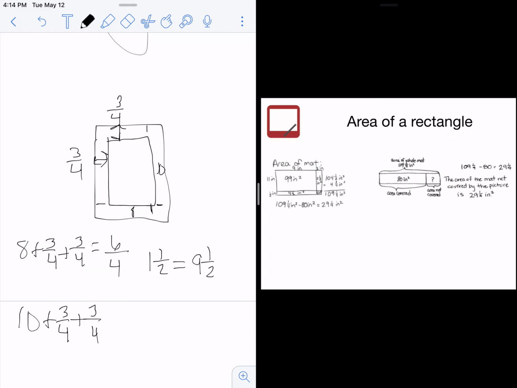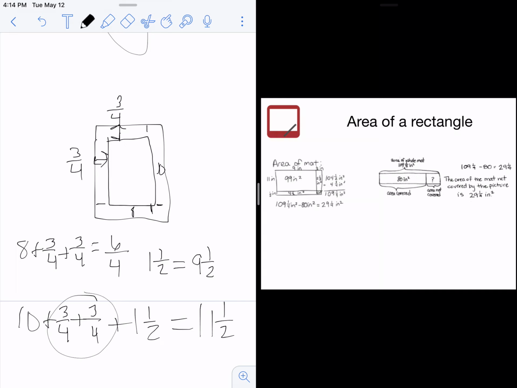And we know that 3/4 plus 3/4 is 6/4, which equals 1.5. So we have 10 plus 1.5, which gives us 11.5. So if you look at the presentation, that's why they have 9.5 by 11.5 as the area of the mat.